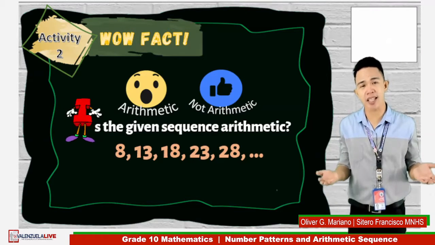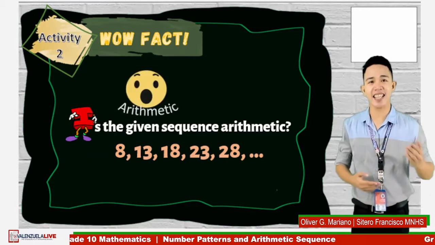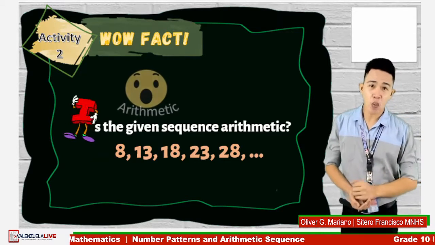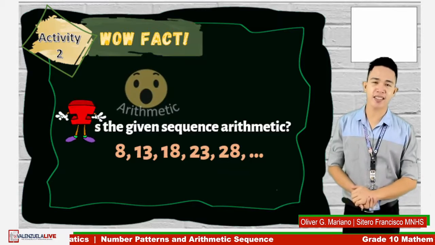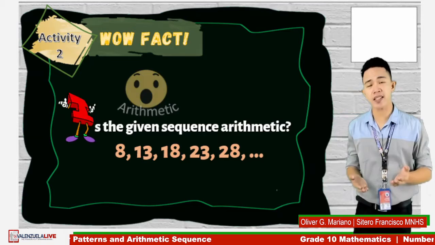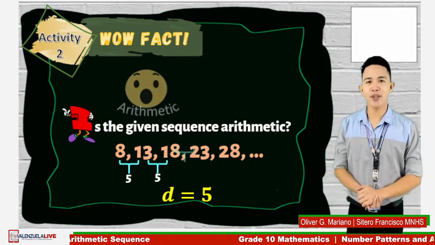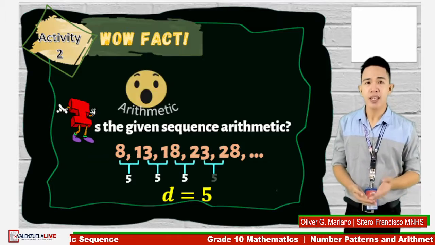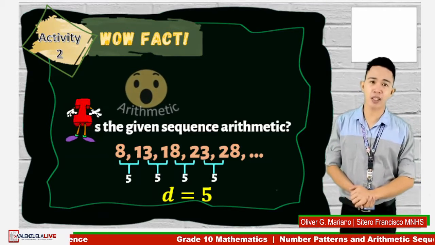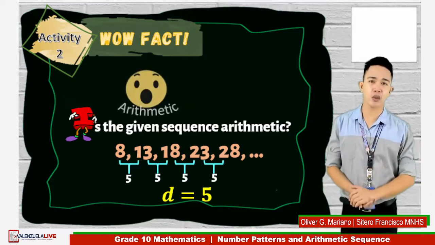You're right, it is arithmetic. What do you think is the common difference? Nice. The common difference is 5. But why is it 5? Good. Because we observe the difference between the consecutive terms of the sequence, and it is constant, which is 5.